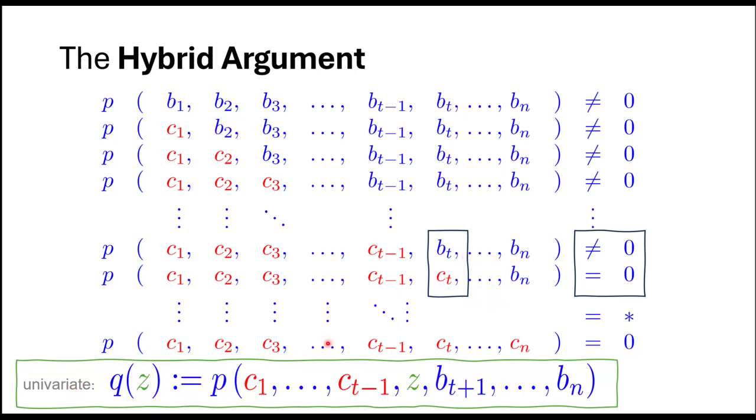First we consider a univariate polynomial q in z. We replace the tth entry with the variable z, and all the others are fixed: from c before it and from b beyond it. So it's a univariate polynomial denoted q.